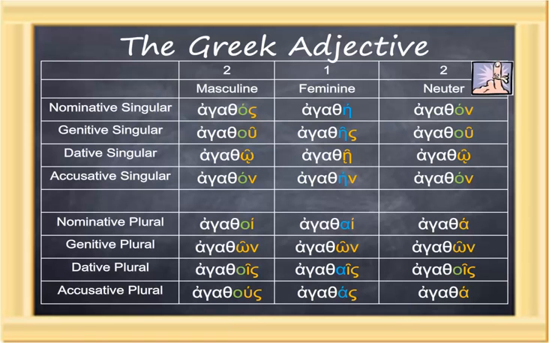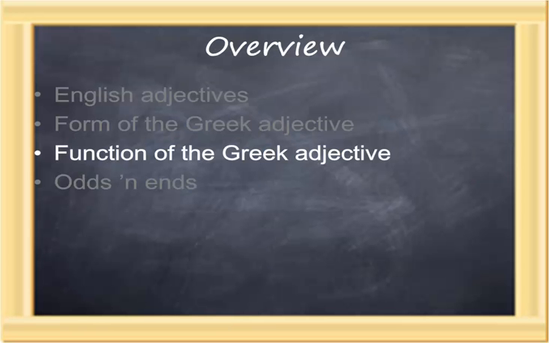As is the case for the second and first declension, masculine and feminines in the accusative plural, agathous and agathas. The agatha of the neuter accusative plural is, as we would expect, identical to the nominative of the neuter plural.